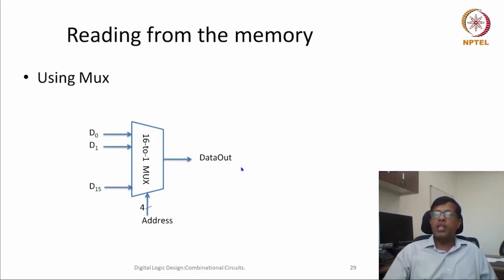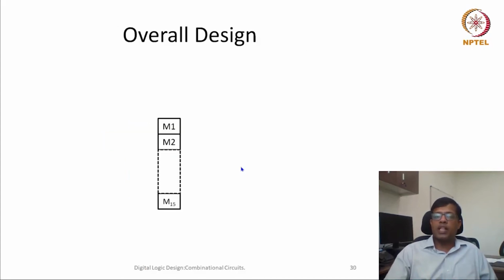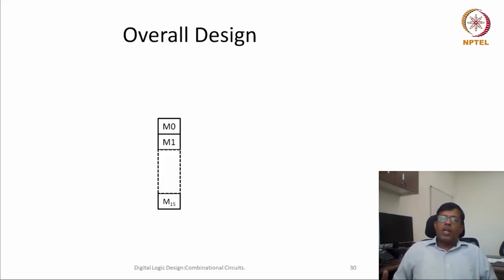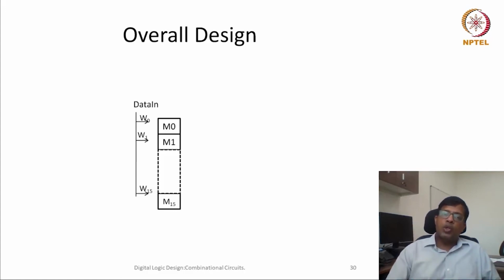Overall, the complete design would look something like this: there would be 16 memory cells, let's say starting from M0, M1 to M15. First of all, the data in signals. If we remember, my memory cell has 3 inputs: W, enable and D. So all the W signals would be connected to data in.